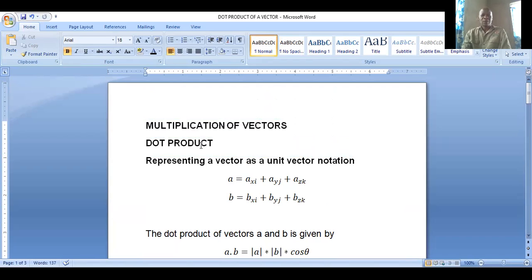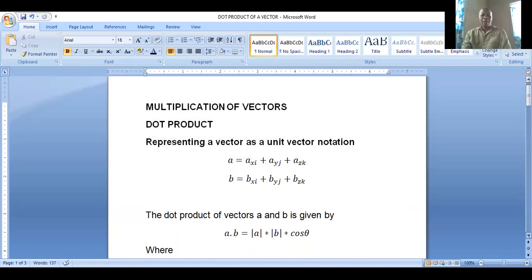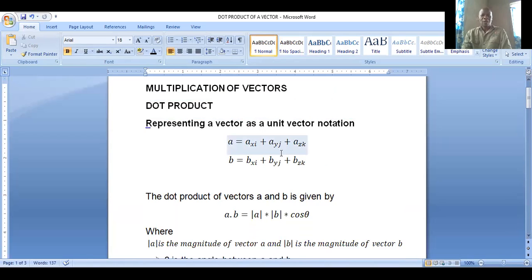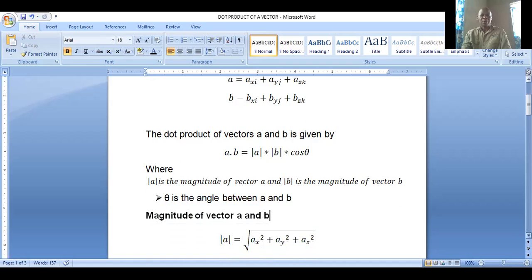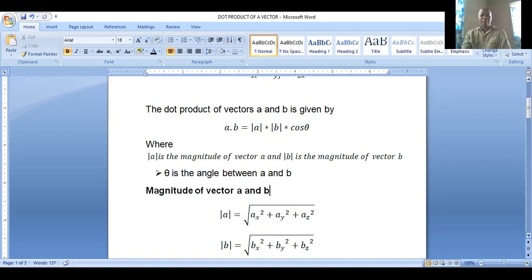So let's assume that we have two vectors represented by A and B as shown here. These are three-dimensional vectors, and they are presented in unit vector notation. If you are to calculate the dot product of vectors A and B, we merely multiply their magnitudes and then multiply by cos theta.